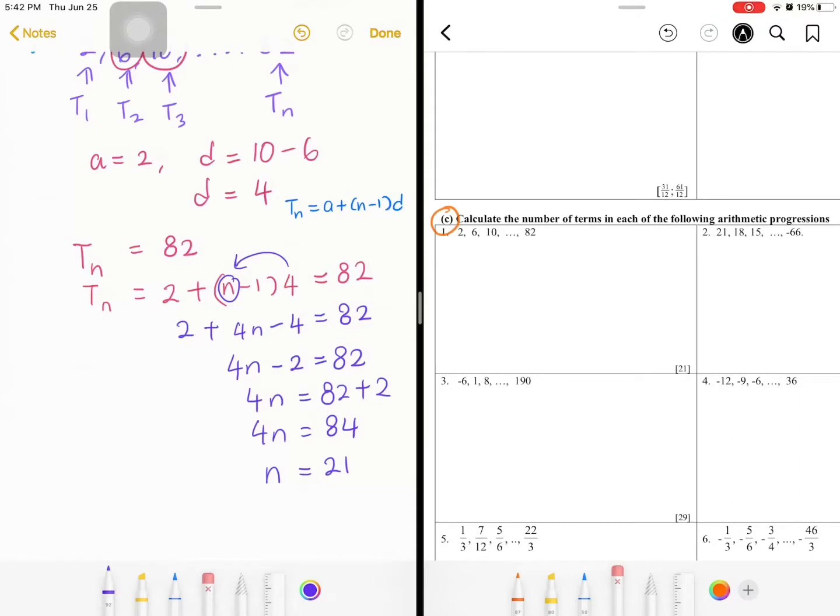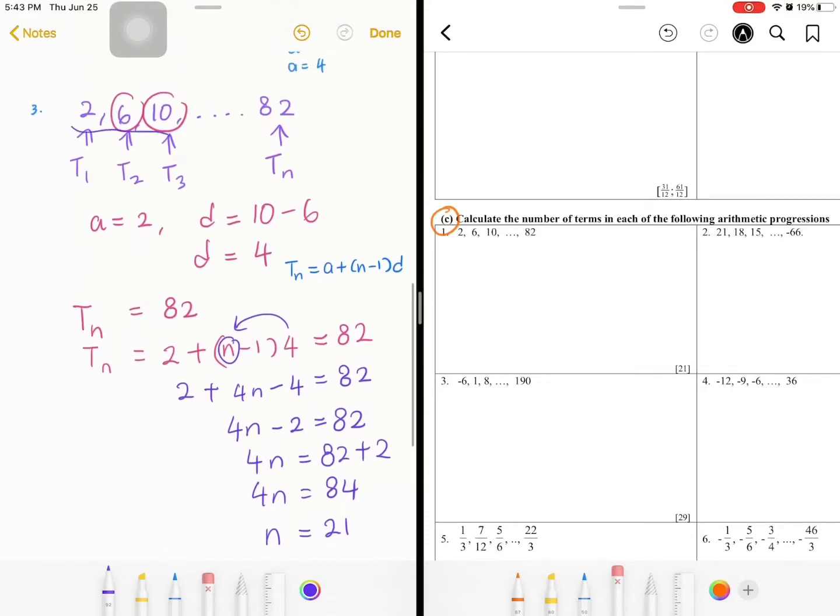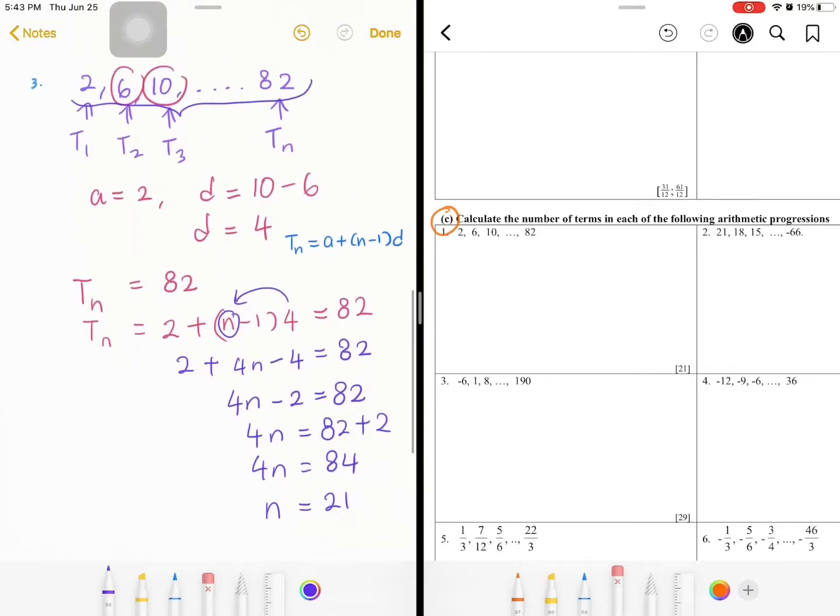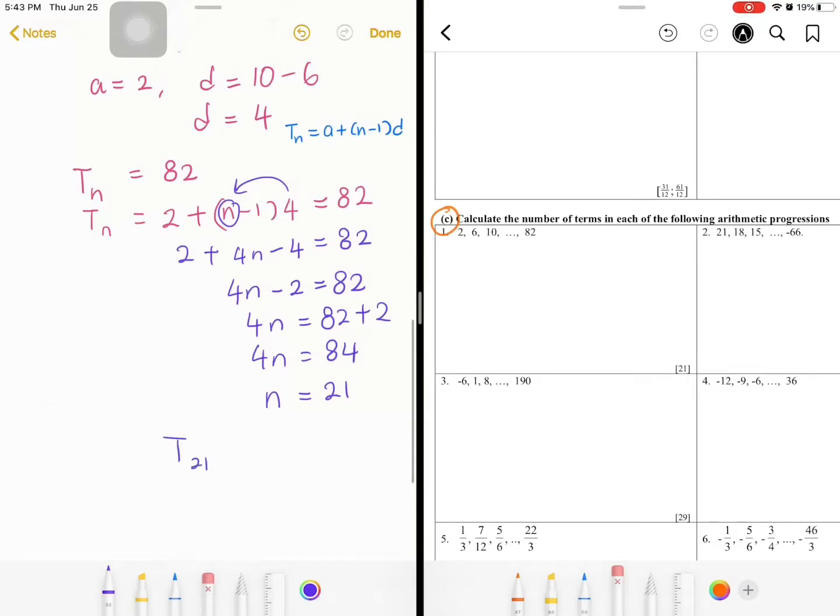So for question number 1, the number of terms in the arithmetic progression, these are all for T21, or we can write the 21st term. Okay, so that's how you solve questions like question C.